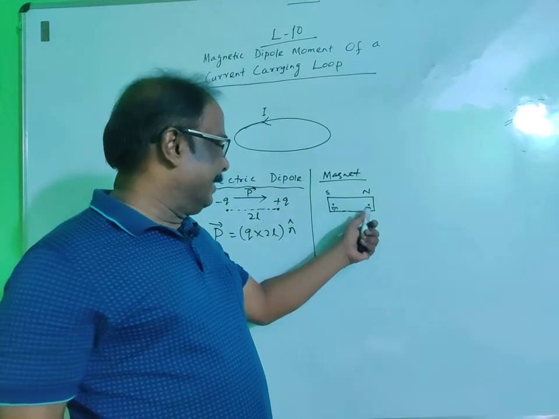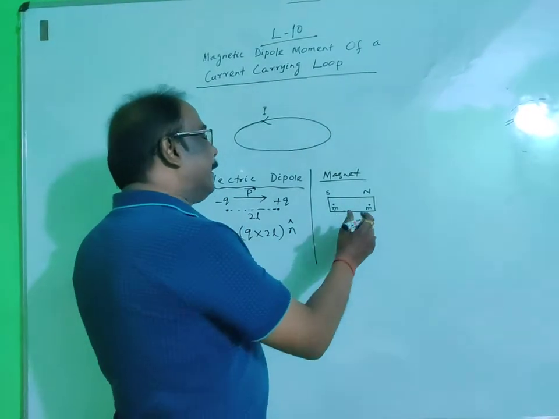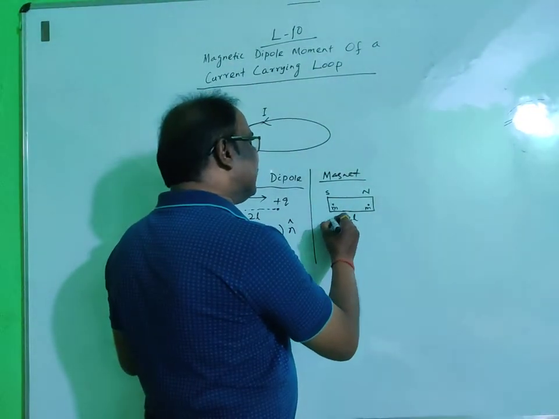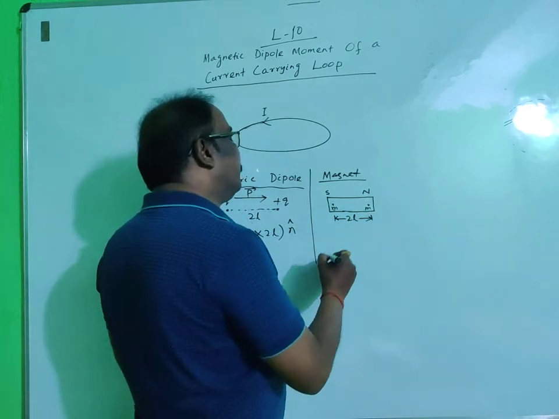Here, south pole and north pole are separated by a small distance. Let's consider the separation between south pole and north pole is 2L.